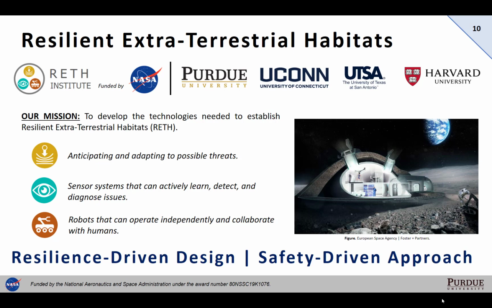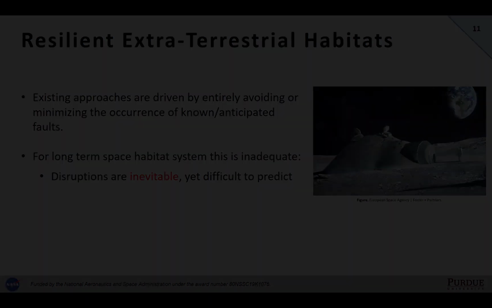Secondly, to develop sensor systems, part of a habitat, that can actively learn, detect, and diagnose if there are any issues in their performance that may affect the system as a whole. And third, but not least, to develop robot technology that is able to help and operate independently to maintain the performance required and also collaborate when humans are present.